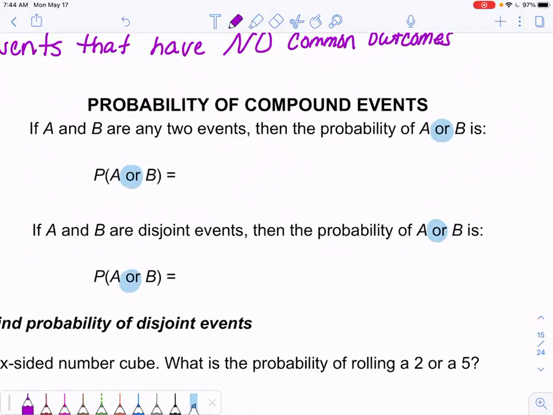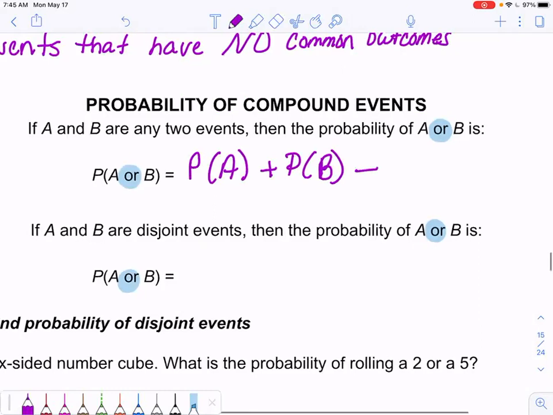So the first probability, if I want to find the probability of A or B, I take the probability of A, add it with the probability of B. So or means add. And we talked about this with combinations and permutations of multiple events. But then you have to subtract the probability of the overlap.